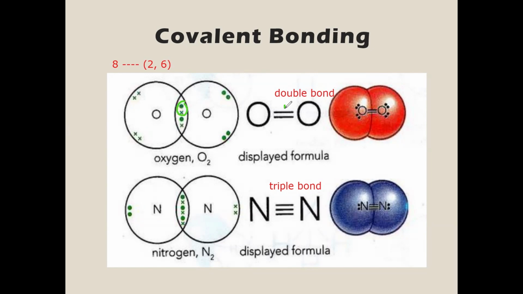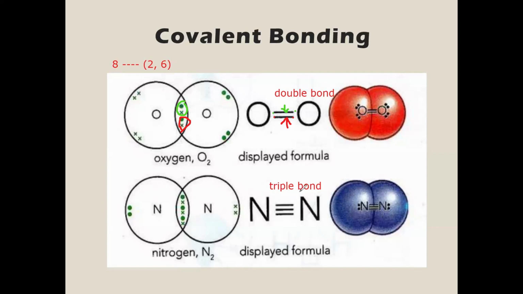This is the first pair, and the other pair of electrons will form the other bond, forming 2 covalent bonds. As you can see, this is the oxygen gas, O2.